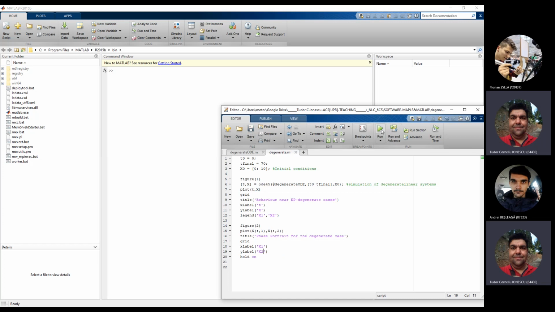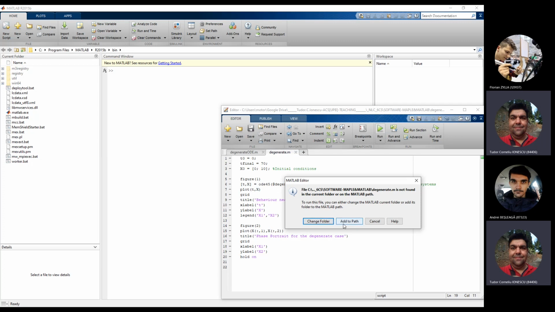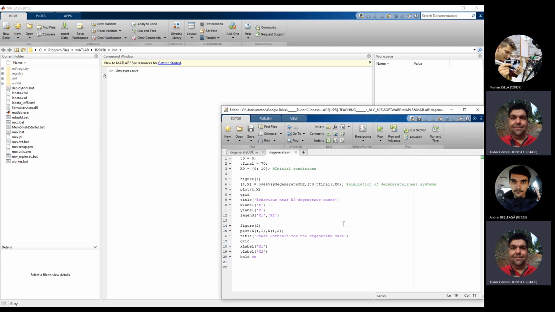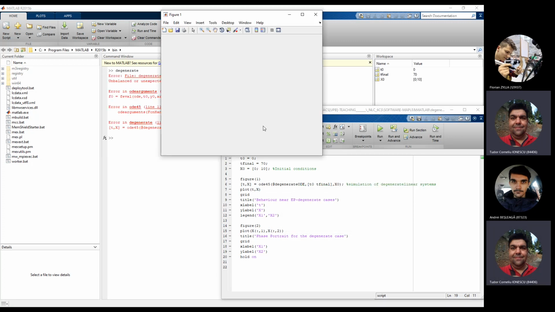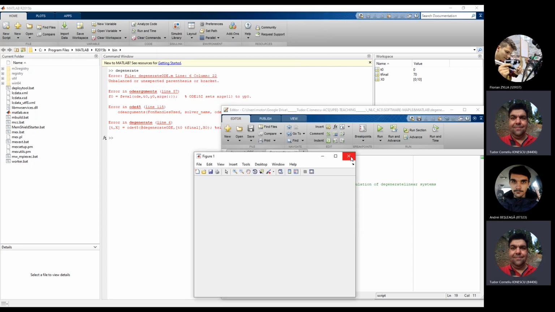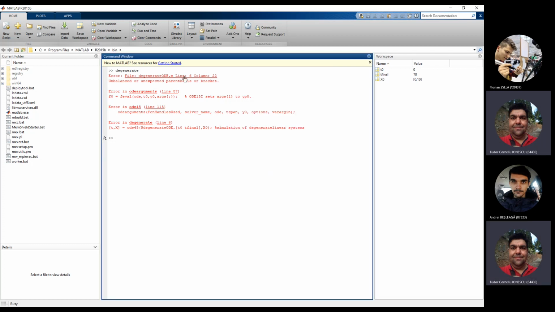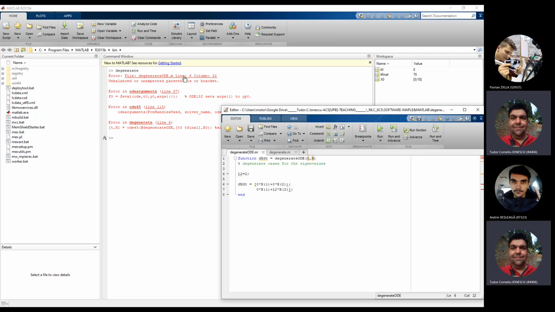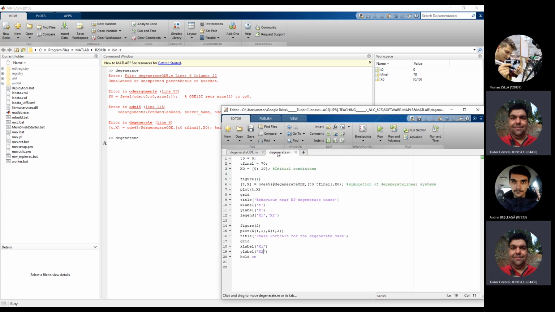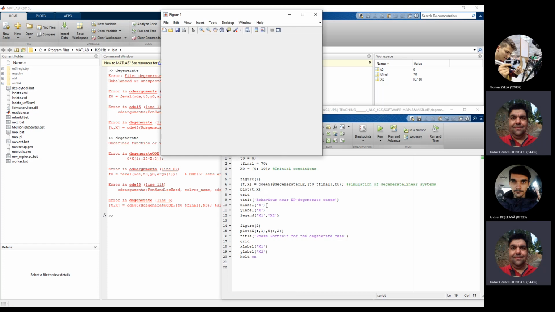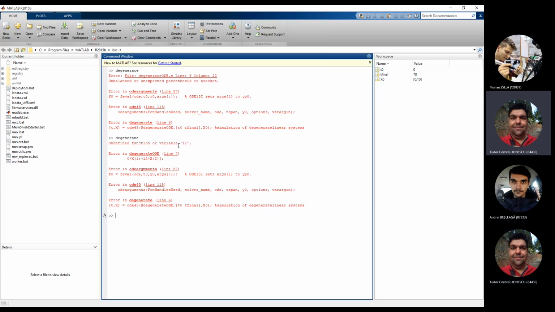Let's see if this will run and see what happens. Well, something's wrong. Column 22, oh, this shouldn't be here. What's wrong?